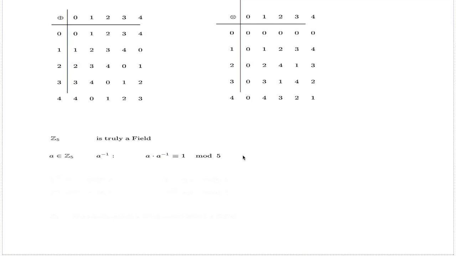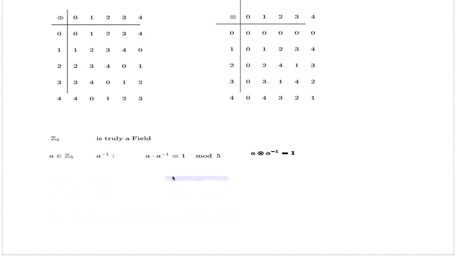In fact, given that I use this symbol for my multiplication, this last line can also be written like this: A times, in my Z5 field, the inverse, whose existence we yet have to demonstrate, equals 1. Right, let's just look at this.